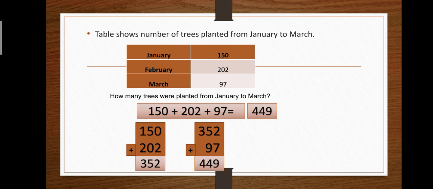These words refer to addition. Sometimes they won't use these 3 words, but through the question you must imagine what they are explaining to you, what information they give you, and then you need to find the operation.